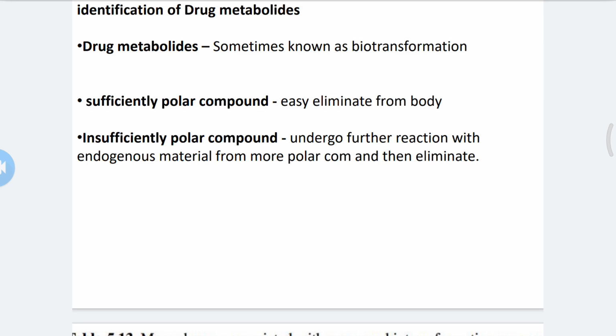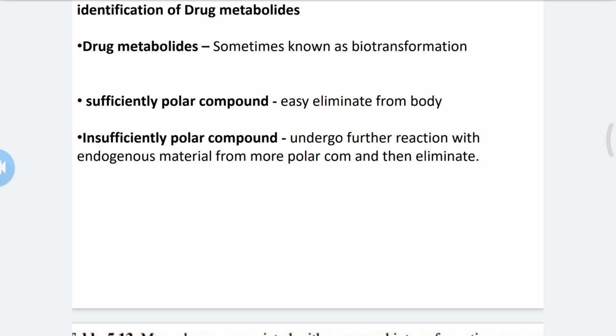First, atmospheric pressure chemical ionization is used for less polar compounds, the phase one metabolites. And second, ESI is used for more polar compounds, that is phase two metabolites.